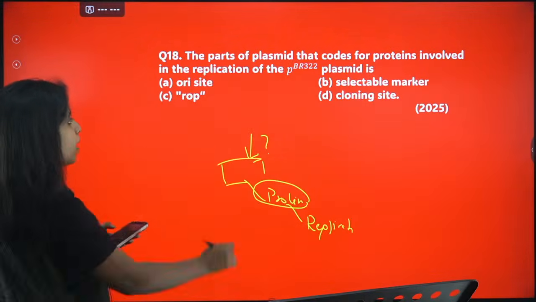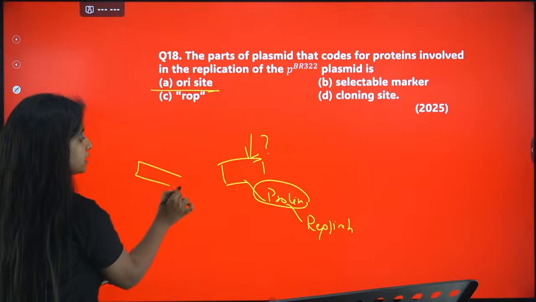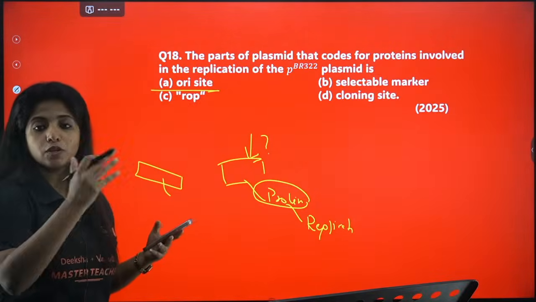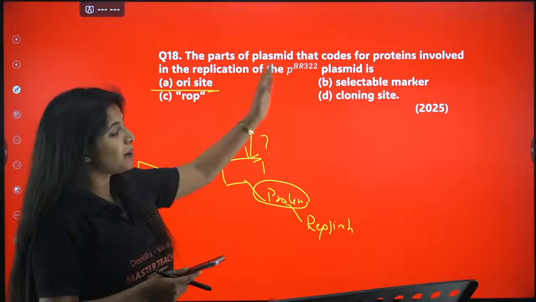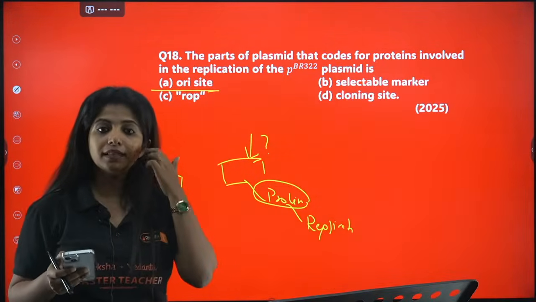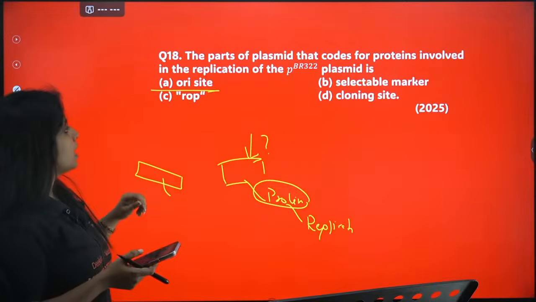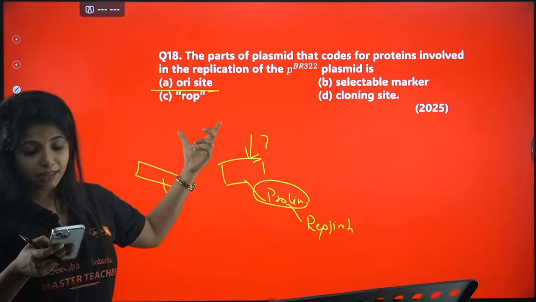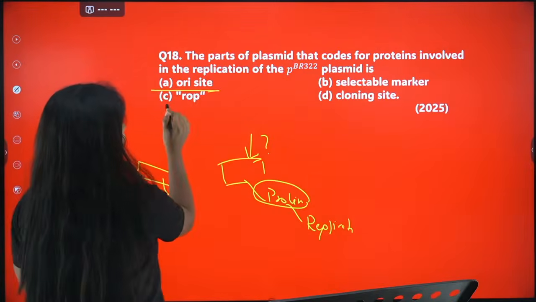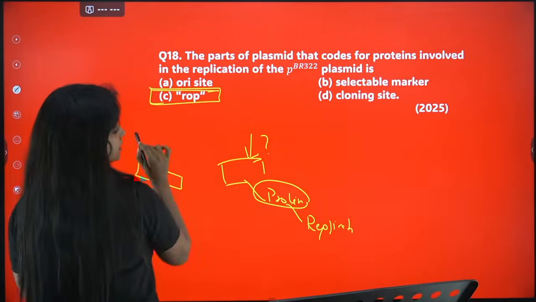You have A as ORI site. ORI site is known as the origin of replication. This is from where the replication process will start off. Selectable marker is for selecting the recombinants, or for protecting the cell because they have antibiotic resistance. ROP is something that is... ROP. It's not B, it's C, dear.